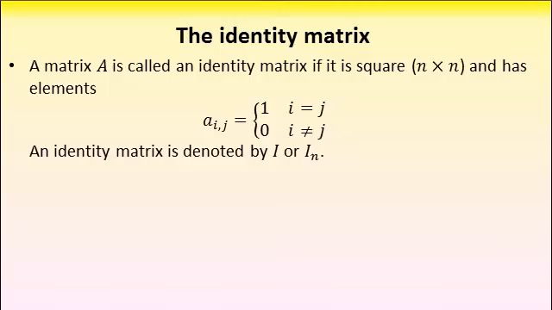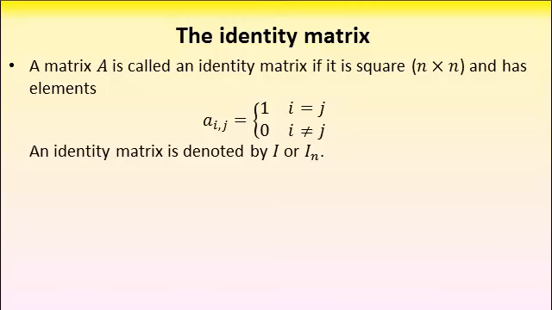The identity matrix is denoted by I, or sometimes when it's important for us to note the dimension of the identity matrix, we put the number of rows as a subscript. Of course, we don't have to put the number of columns because that's the same as the number of rows.